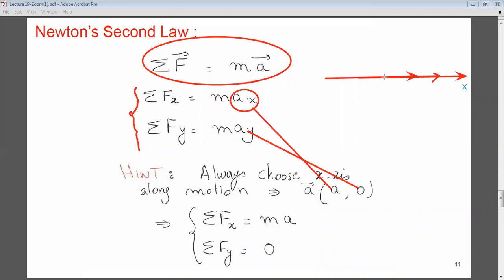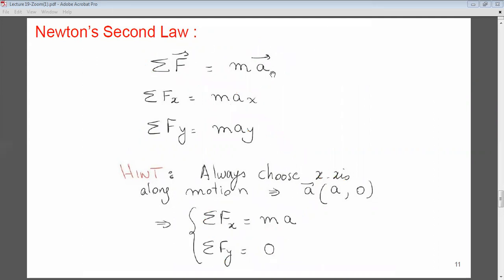It doesn't have a y component. So it only has an x component equal to A. Now, if I look at my two equations, summation of Fx will be MA, and summation of Fy will be 0. Okay, so I facilitate my life. Now, let's see how we apply this.